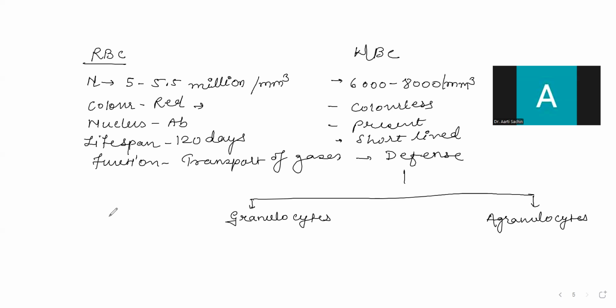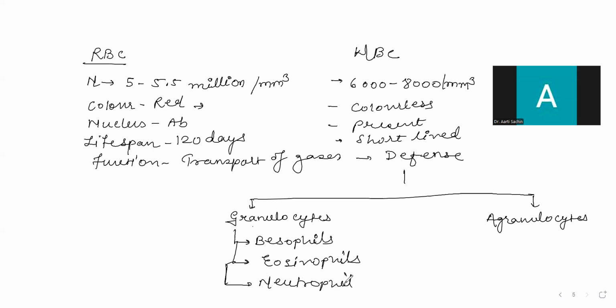Here, the granulocytes are of three types: basophils, secondly eosinophils, third neutrophils.